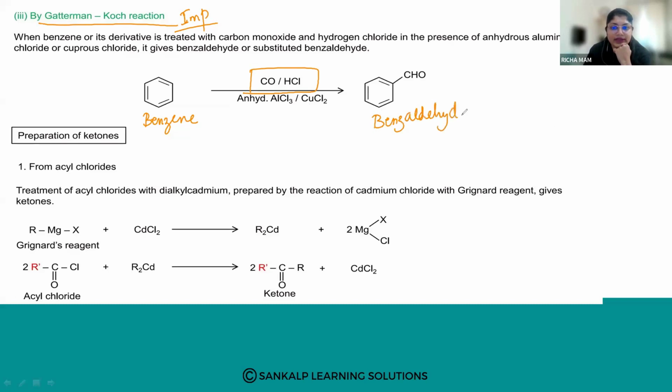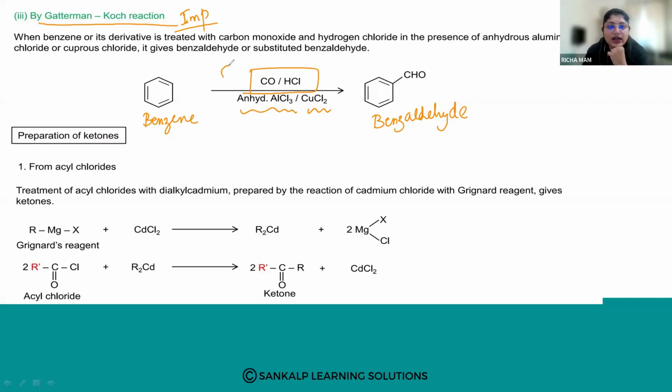A benzaldehyde. So what we are doing: we are taking benzene or any of its derivatives, and treating it with carbon monoxide in the presence of hydrochloric acid, anhydrous AlCl3 or cuprous chloride. We are going to get benzaldehyde or substituted benzaldehyde.